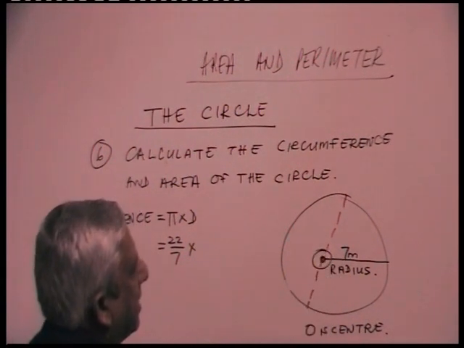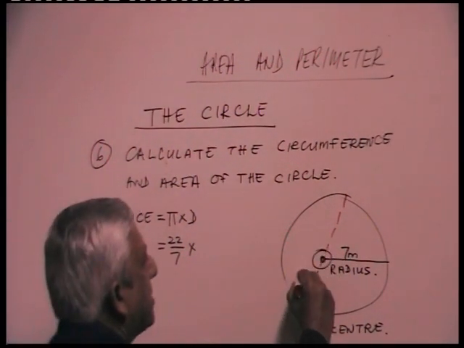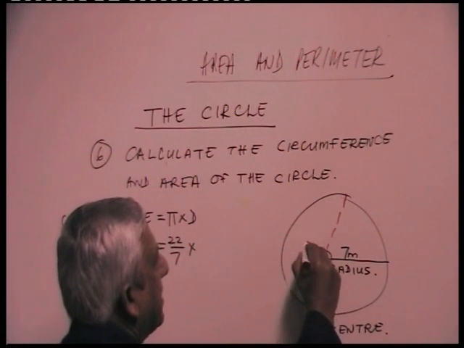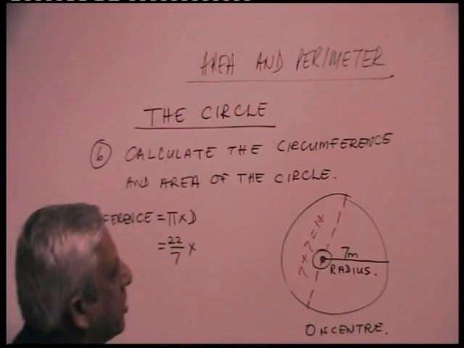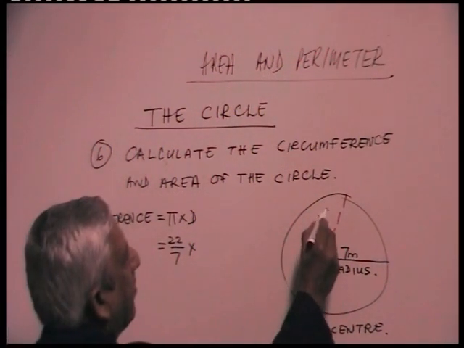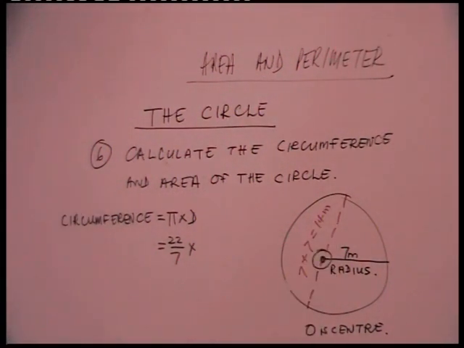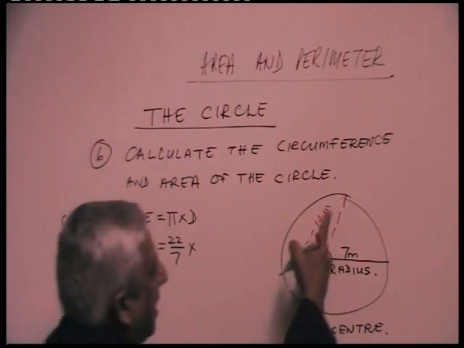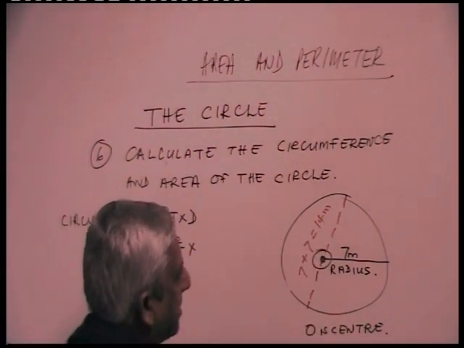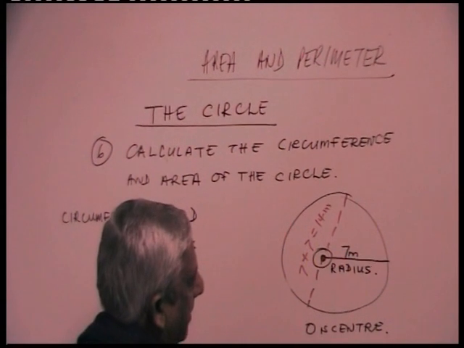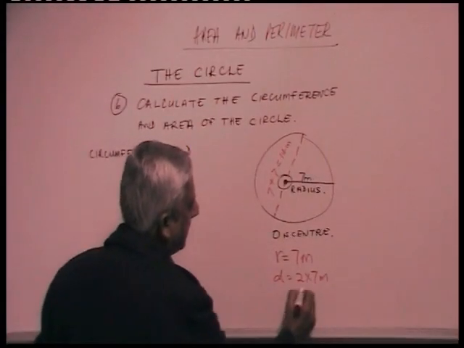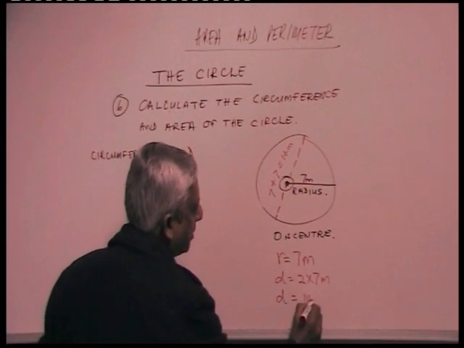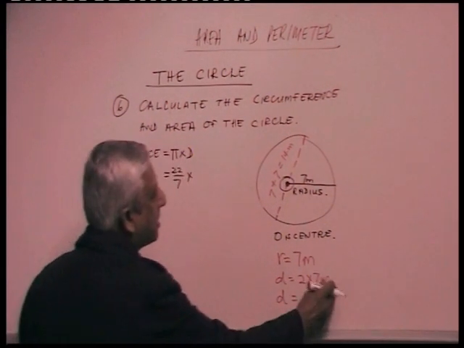I drew it in red. It is 7 plus 7, so the diameter is 14 meters. It's nice to always write next to the diagram: this radius is 7 meters, the diameter is 2 times 7, the diameter is 14. So you must first work this out.